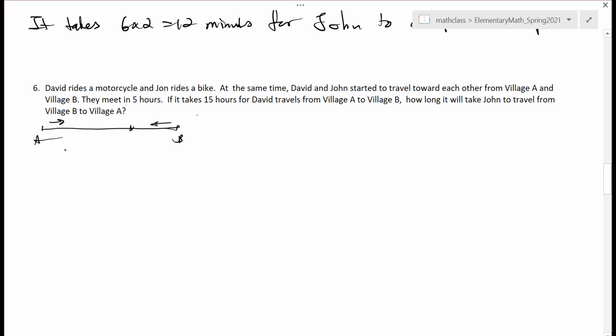So David's speed, let's use D. This is John's speed. David and John start traveling from A and B. Their meeting takes 5 hours.